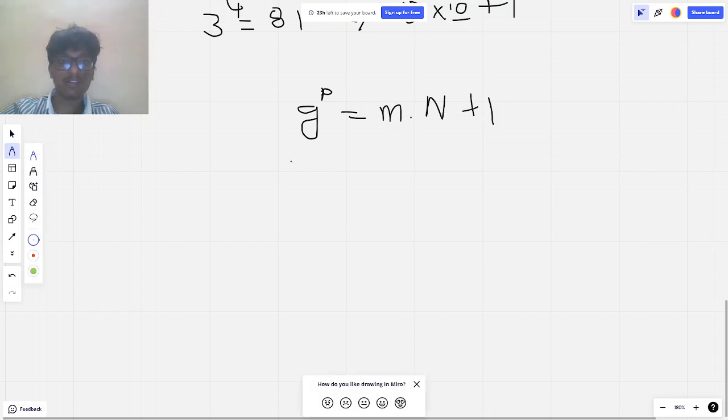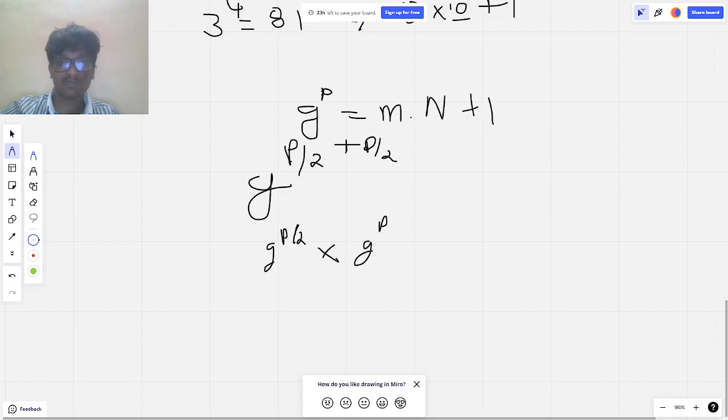We can write this as g to the power p by 2 times g to the power p by 2, which is g to the power p by 2 plus p by 2.